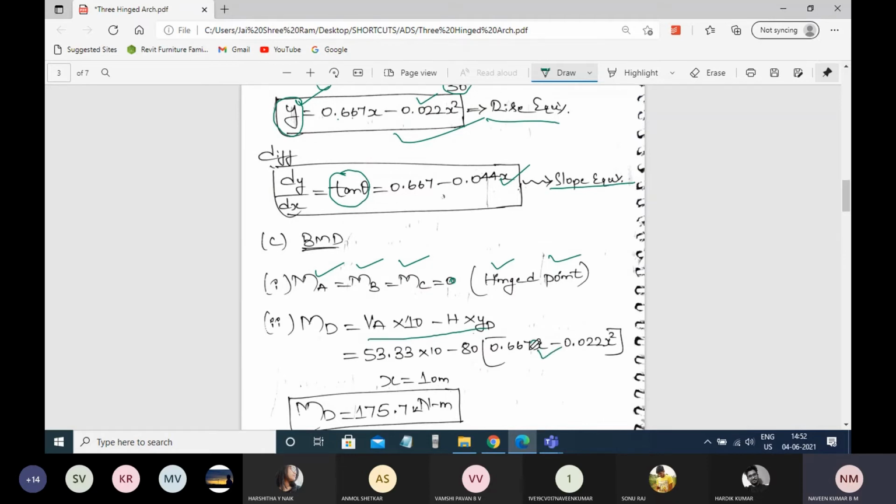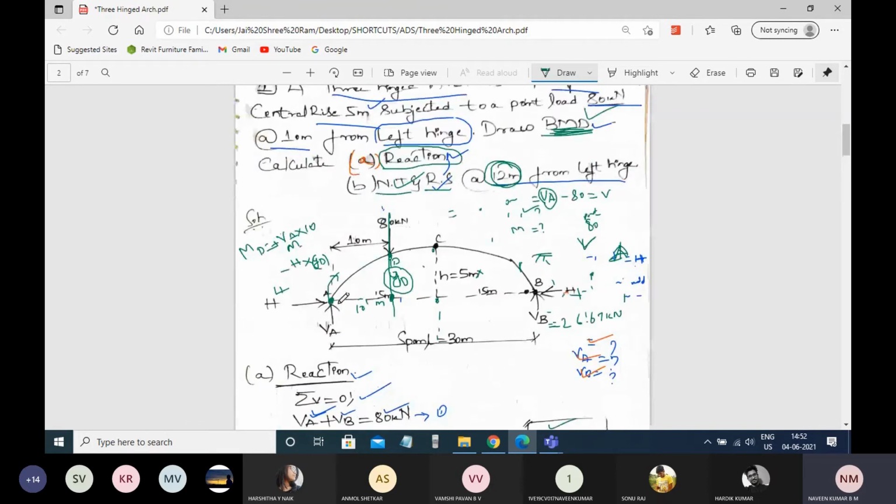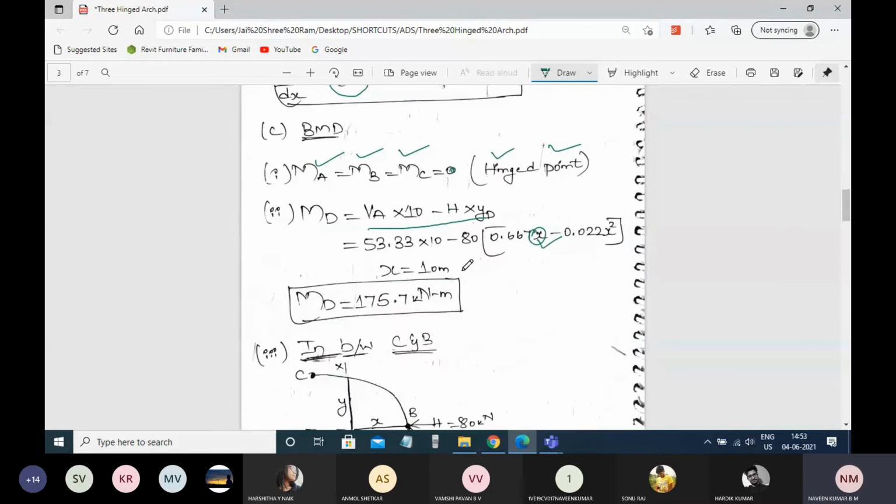So now what is X? We require the moment at a distance of how many meters from the left support, from the particular load. This particular load is acting at A. To reach D, you require a distance of 10 meters. So X equals how much? X equals 10 meters. So you can substitute X equals 10 meters, and then you will get the values.